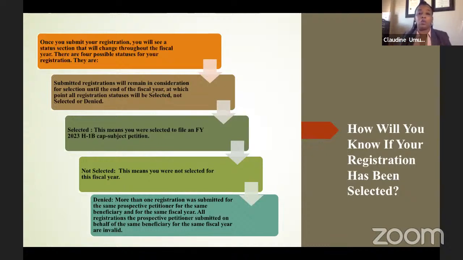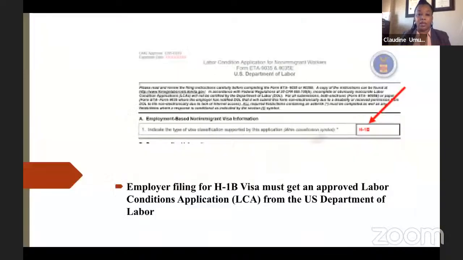You tried to register two people at the same time, or you missed your employer's necessary information. So that's why it's very important to hire an attorney, because you may not know what to do, and not hire every attorney you find. Hire an immigration attorney who has experience and who has done H-1B throughout the years.